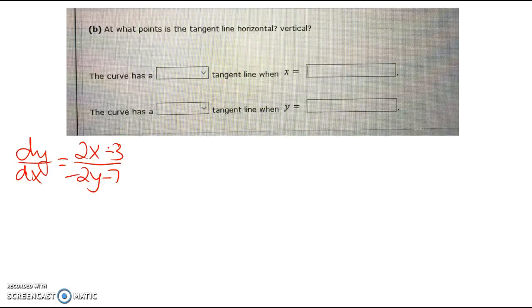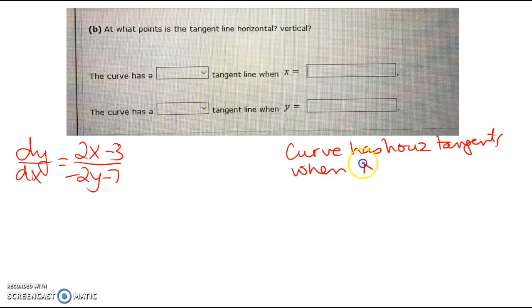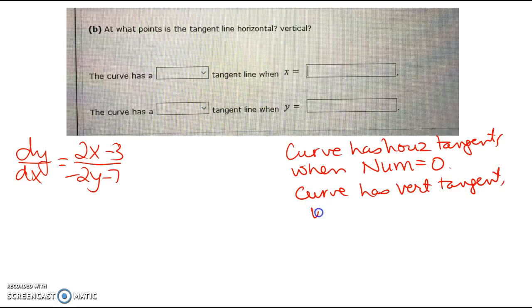So remember, one thing we learned last weekend was the curve has horizontal tangent lines when the numerator is set equal to 0 and solve. The curve has vertical tangent lines when we set the denominator equal to 0 and solve.